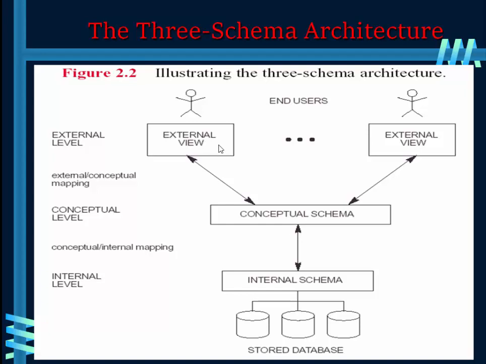So in that case, the DBMS must transform the request specified on the external schema into a request against the conceptual schema. So the DBMS must accept the request, and next it must transform it to the conceptual schema, and then into a request to the internal schema. After that, the request is transformed to the internal schema for processing over the stored database.